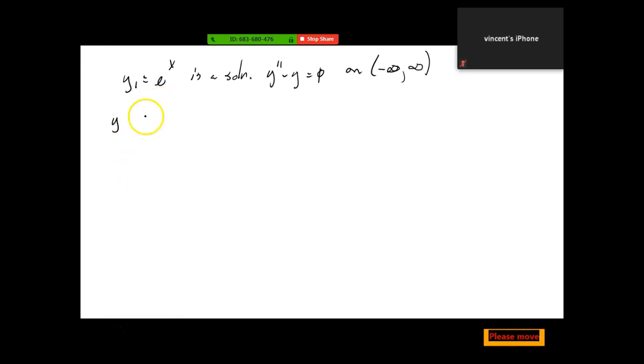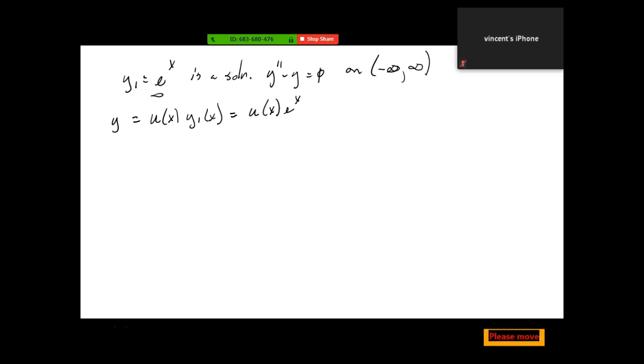But y is equal to some new function, u of x, that we have no idea what it is, times y1 of x. Well, because we know that y1 is e to the x, this would be u of x times e to the x, because that's what our y1 is.